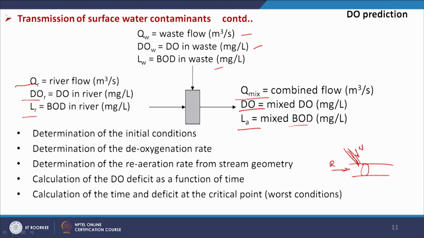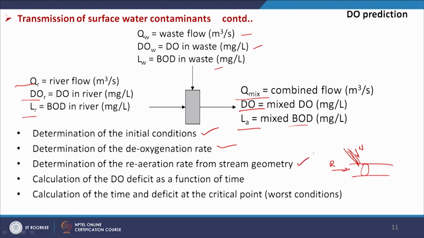So, we can predict the DO at any downstream location or at any time. For that we need to determine the initial conditions, and then determine the deoxygenation rate. As we know, there are two major phenomena, one is deoxygenation, another is re-aeration, so we have to measure both rates. Okay. So, the re-aeration rate is determined from the stream geometry.